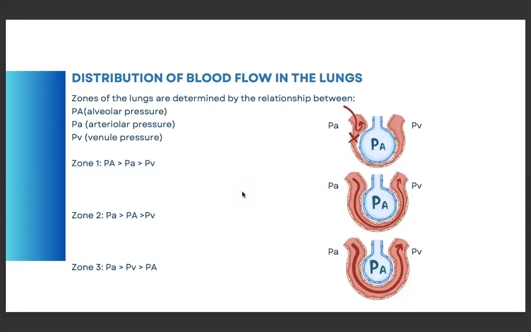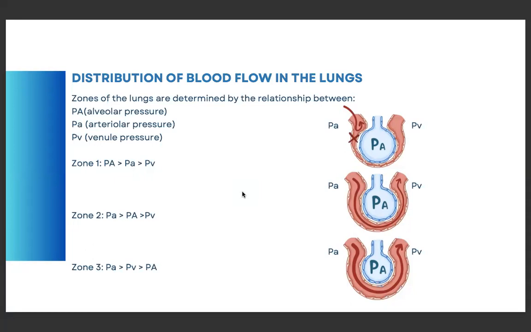So in zone 2, your alveolar pressure is higher than your venule pressure. So this causes the venules to get slightly crushed, decreasing their diameter and increasing their resistance, which leads to a decrease in blood flow through them.